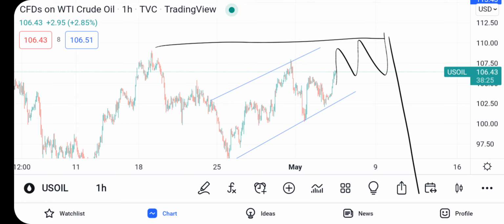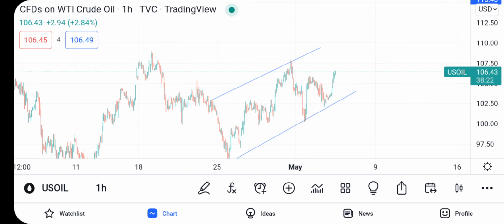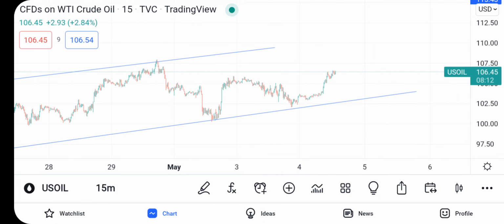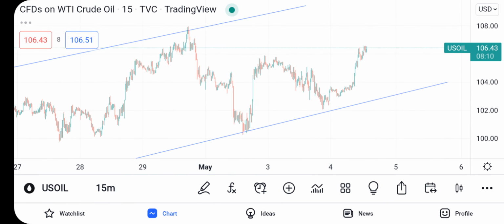And now, if you can check, it's already on the top, so I can quickly go and check what's happening on the top. I'll switch to 15 minutes and see if I can spot anything there.